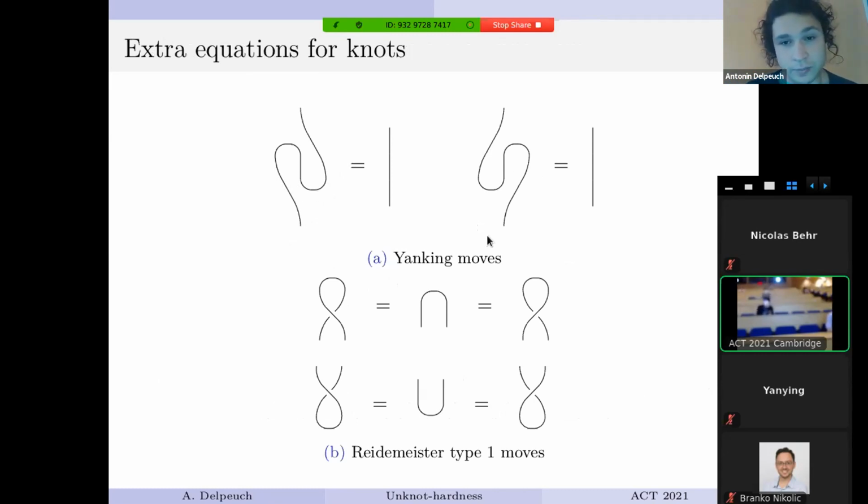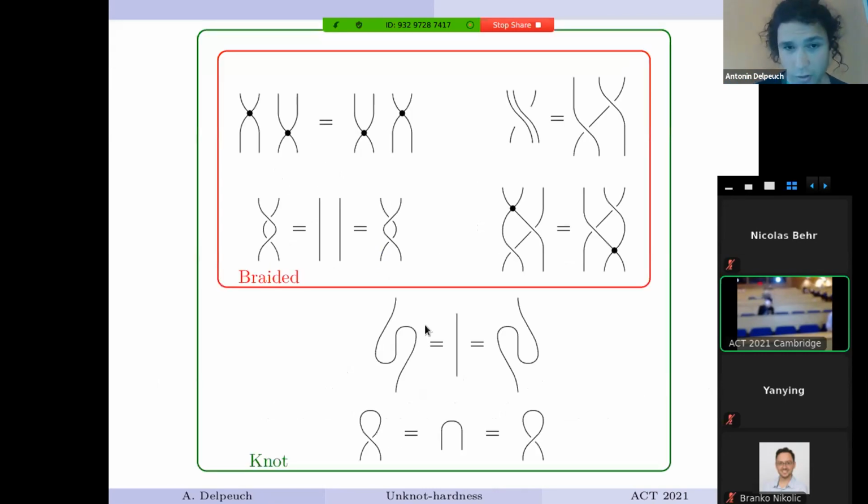And then we need the Reidemeister type 1 moves, which relate the braid to the caps and cups. So to summarize, you have some equational theory for braided monoidal categories, and on top of that, you need to add extra equations for knots.